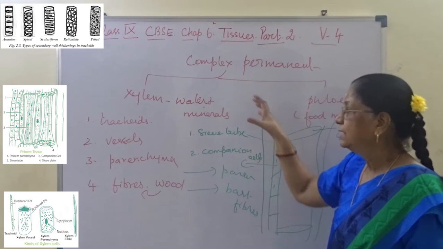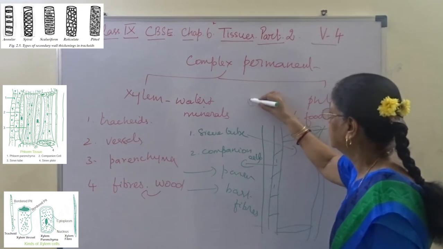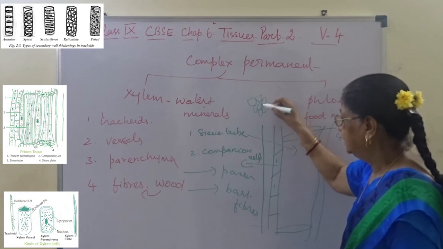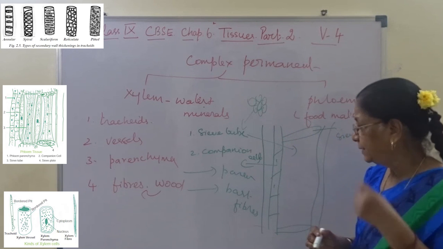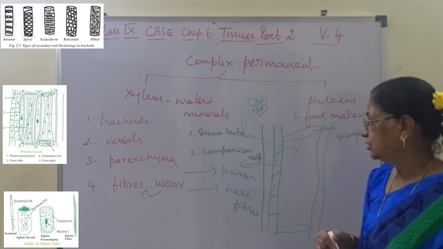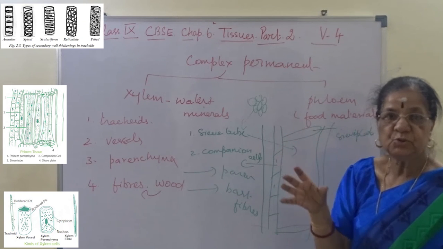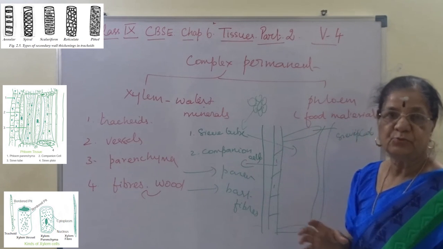Whereas in phloem, some cells will differentiate into sieve tube and companion cell. The remaining are called parenchyma tissue, and when it becomes mature, this is called bast fibers.